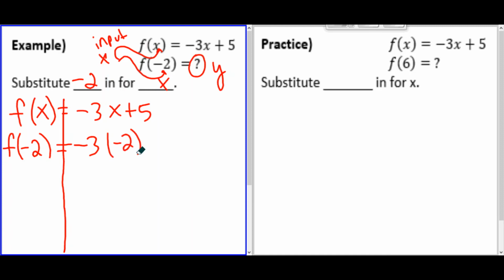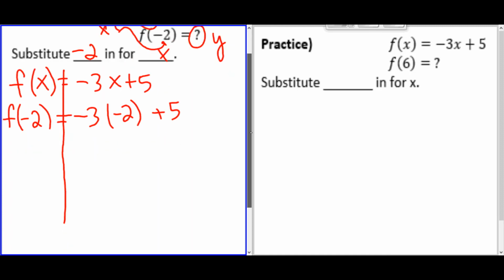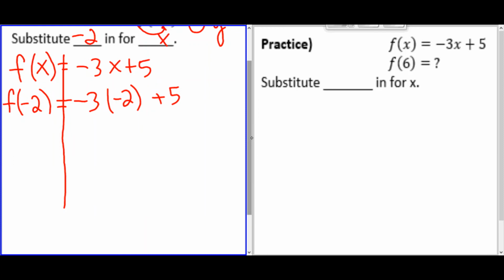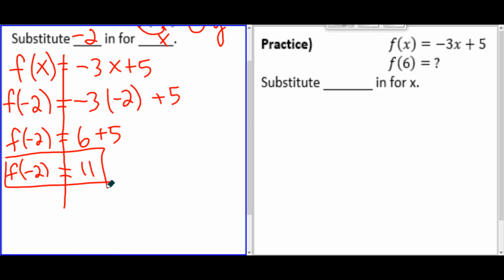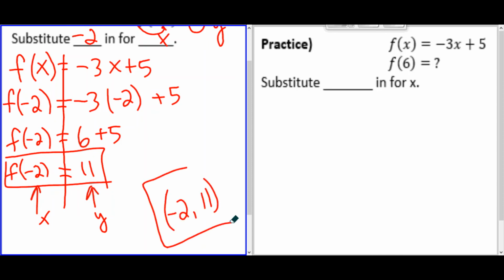So I'm putting -3 parentheses -2 plus 5. So f of -2, -3 times -2 is 6 plus 5. So that means f of -2 is 11. So remember, you're not done there. This is your x. This is your y. So you've got to write your ordered pair, -2, 11.